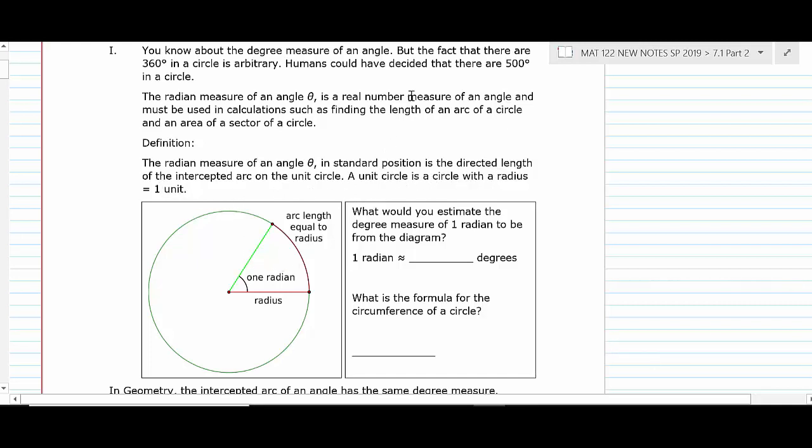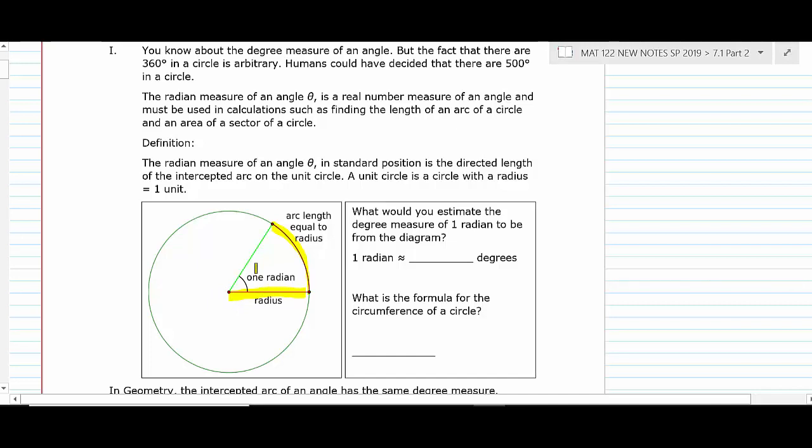It's easy to represent this by a diagram. You have a radius of a circle, and then you have the length of this arc. If these two things are the same, then that's defined to be 1 radian of measure.